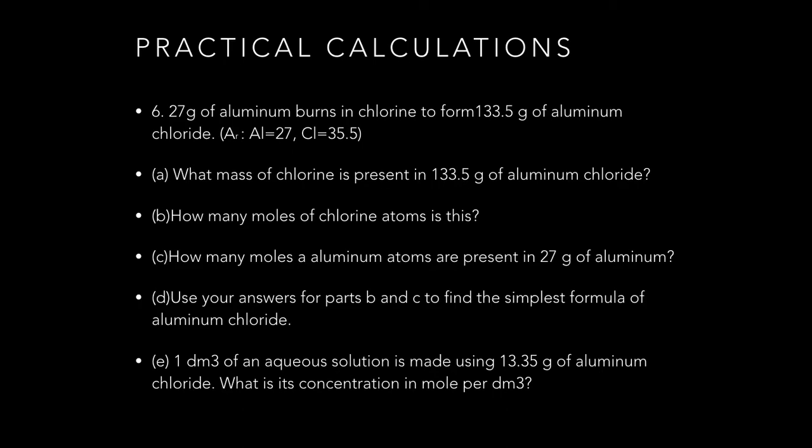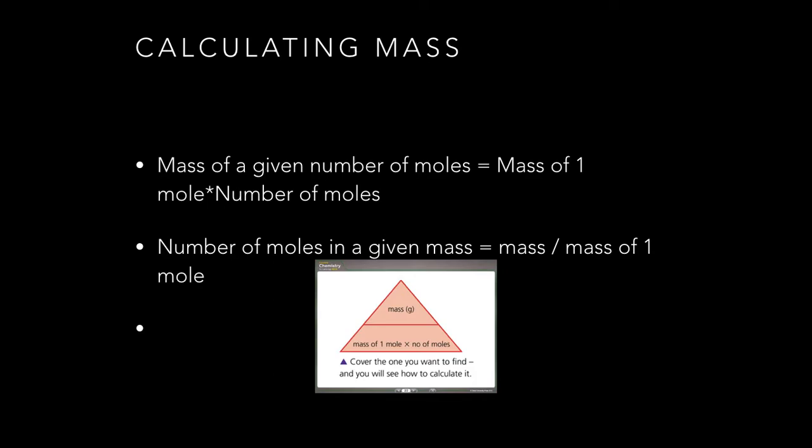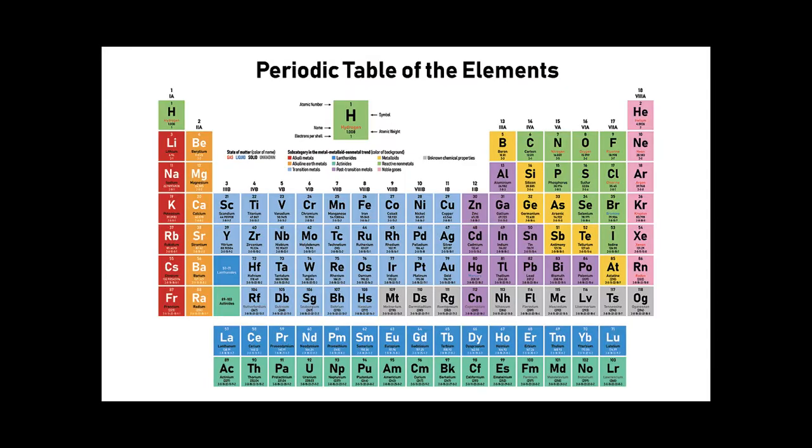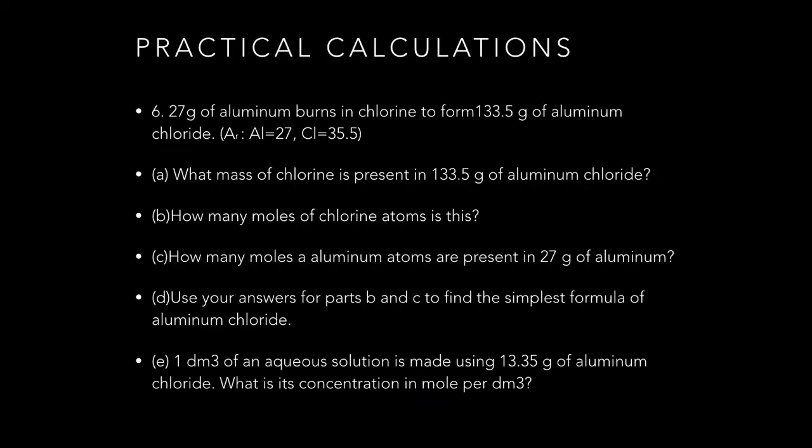Now, to find the mole, you need to use the mass to divide by the mass of 1 mole. So, the mass here is 133.5 minus 6.27. You get that mass, and then you divide it by 35.5, and you get how many moles of chlorine atoms that is.